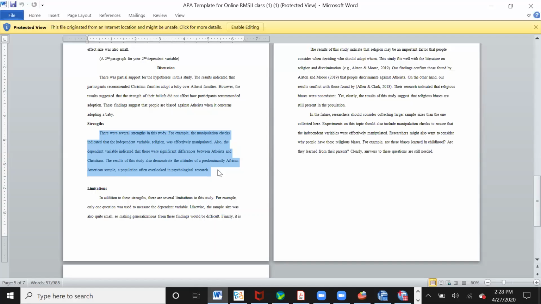Okay. Limitations are going to be easy for you guys. Your strengths actually will be one of your more difficult paragraphs to write. And I want you to really think about what strengths you had, what you can legitimately sell as a strength. So can we say that the mortality rate, maybe?